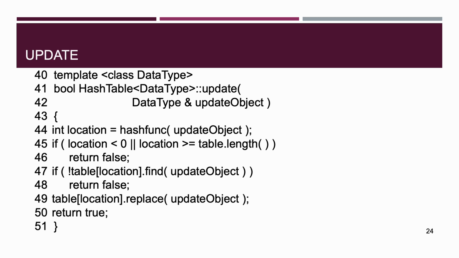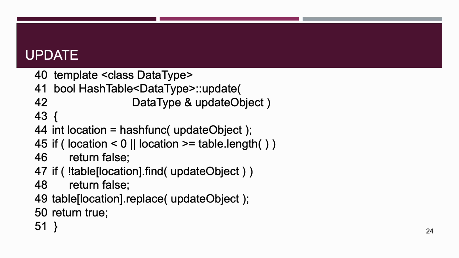Okay, now update. First the update object is passed through the hash function to get its location within the hash table. Then we ensure that the computed location is within the valid range of the table's length, otherwise return false. Then at this location we check if the update object already exists in the linked list.